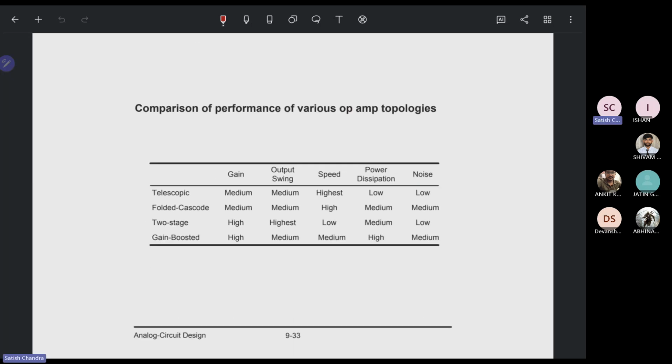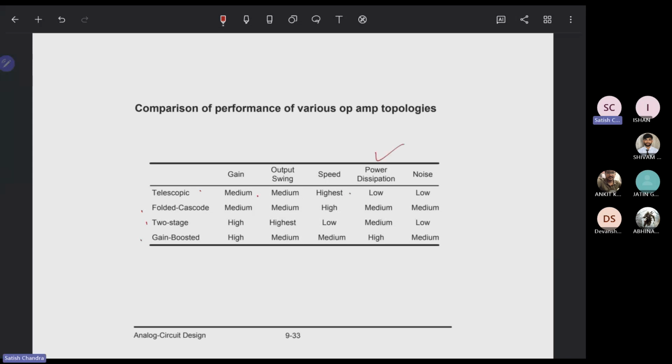Now comes the comparison of performance of various op-amp topologies. For the telescopic, folded cascode, two-stage and gain-boosted, what we have seen is that in the case of the telescopic, compared with all the others, we are achieving a medium output swing and the highest speed.